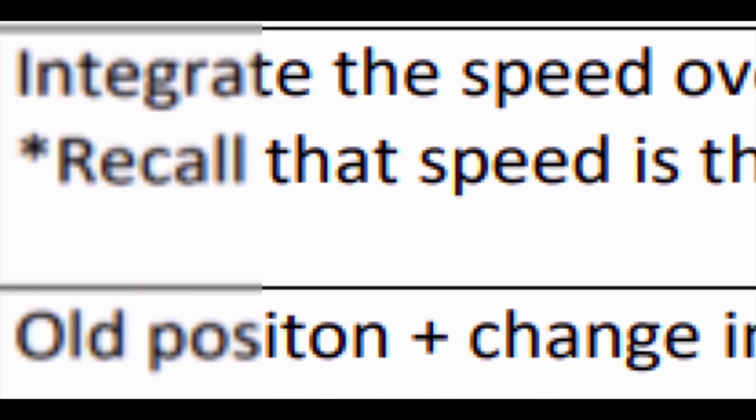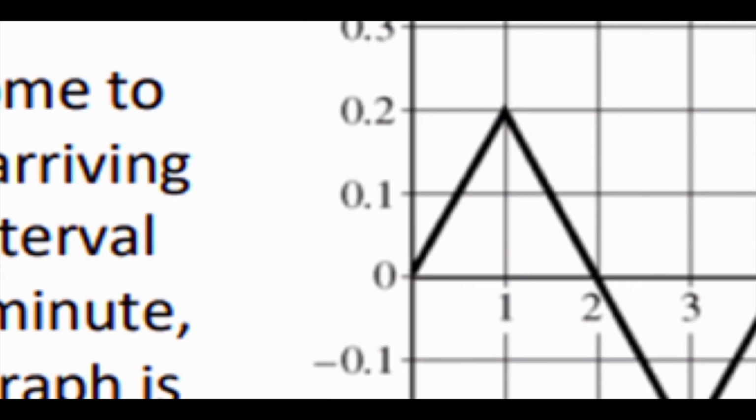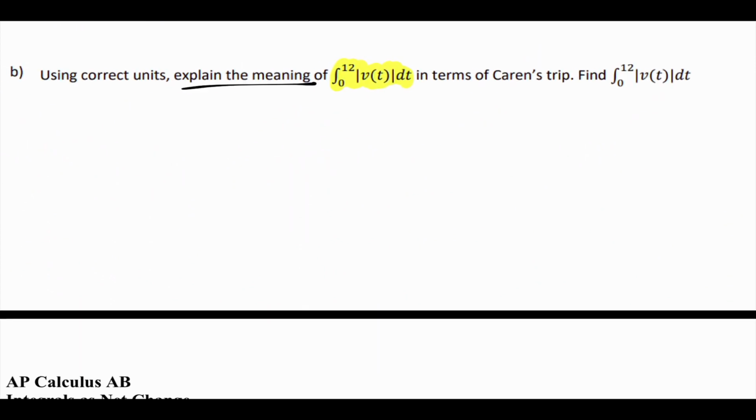The speed, absolutely. The total distance traveled, right? So it's going to represent her total distance traveled throughout the whole trip, 0 to 12. So that's the explanation, okay?